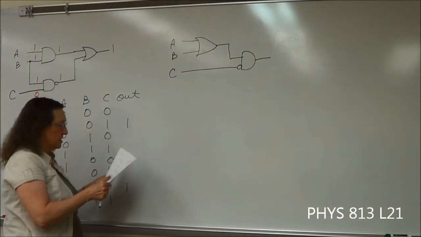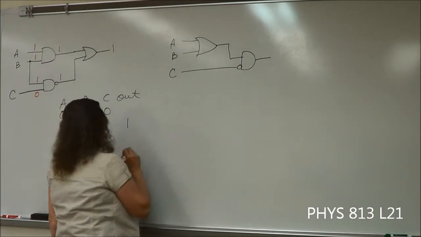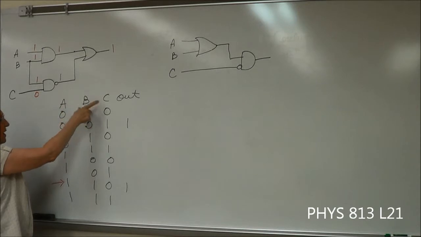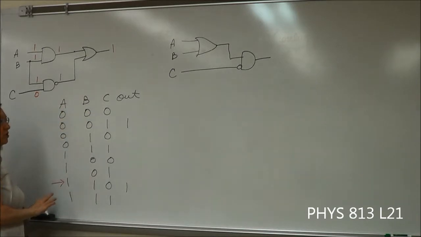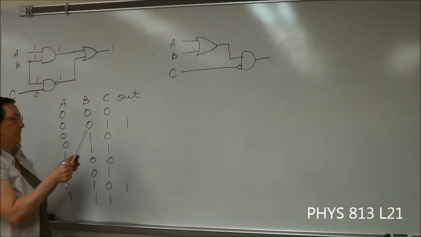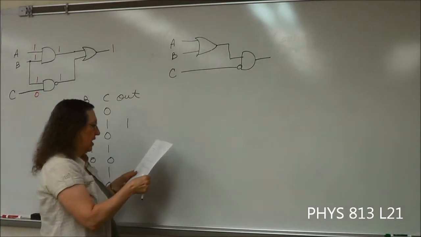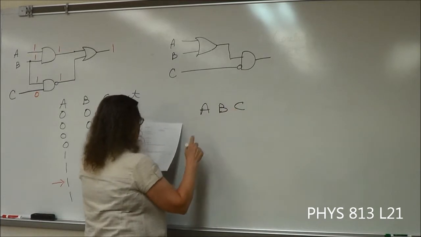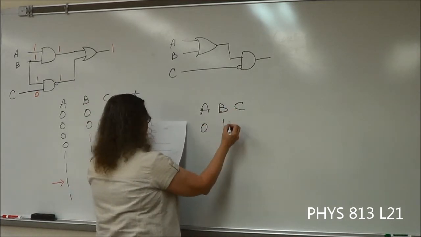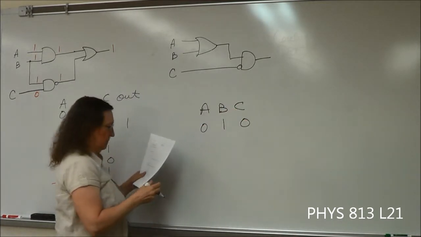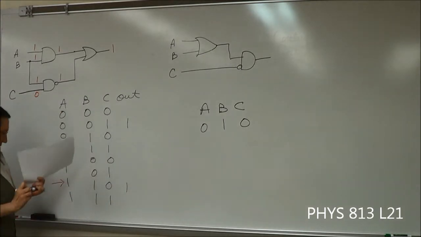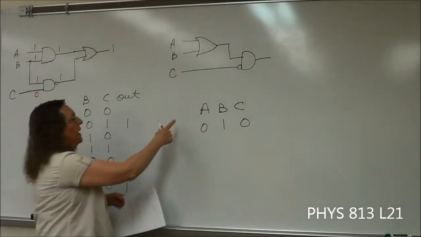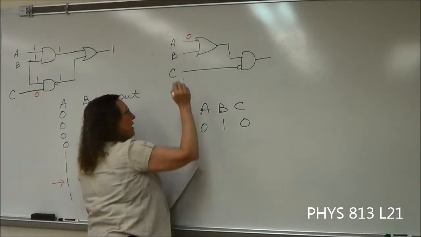Okay? So I'm going to go ahead, actually I'm not going to draw all of these because for A, B, and C you have this combination and you just have that all the time. So what I'm going to do is a 0, 1, 0. Okay. So let's see how we do that. Okay, A is 0, I'll put a 0 there.